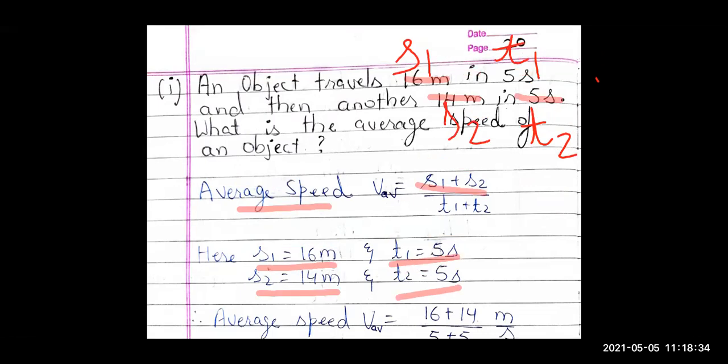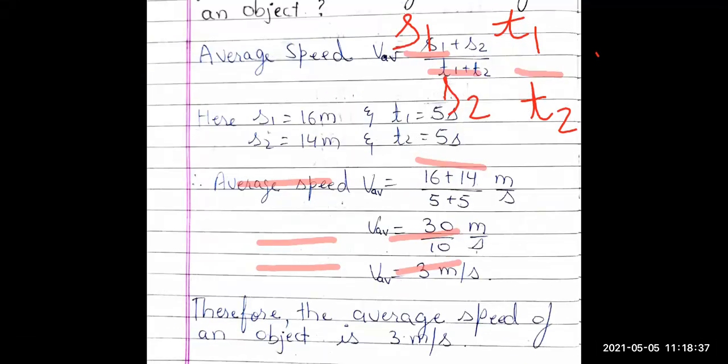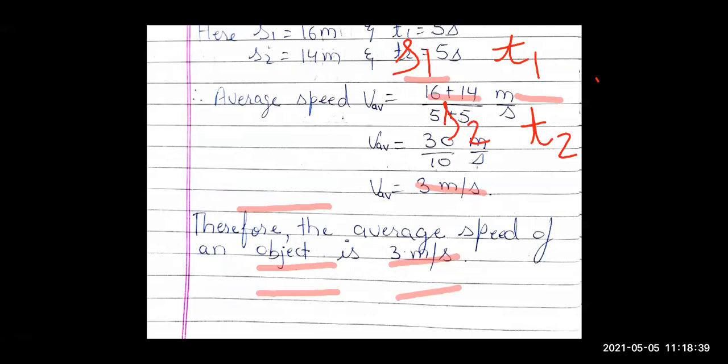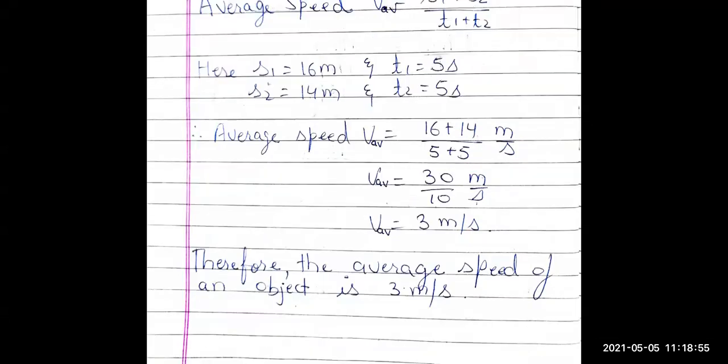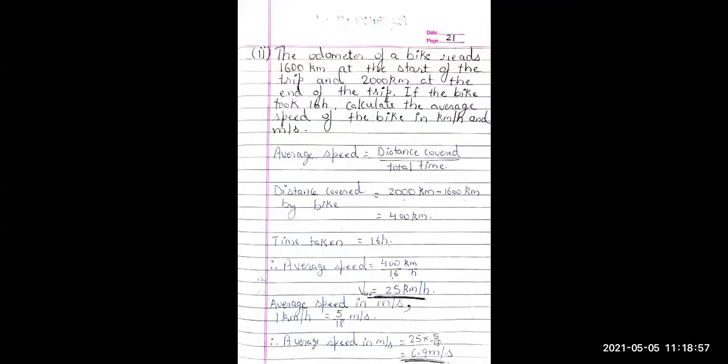So this is 30 meter by 10 seconds. So 0 will get cancelled and your answer is 3 meter per second. Therefore, the average speed of the object is 3 meter per second. Yes, beta? Sure. Now let's move towards the next numerical.